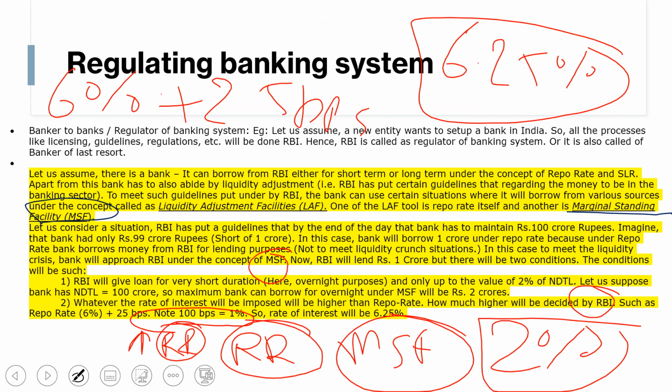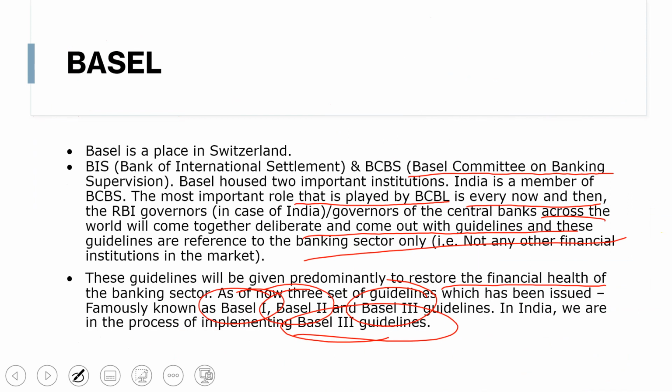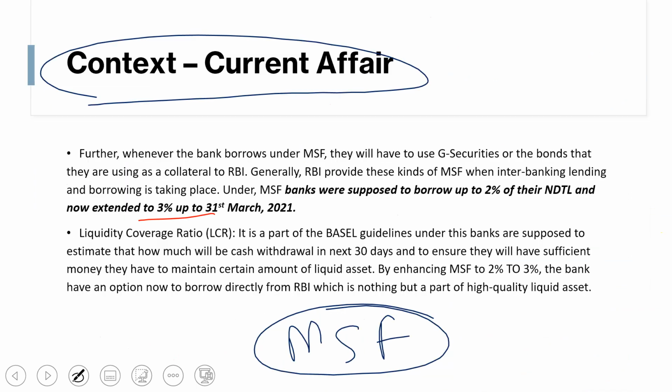For that marginal standing facility, again I have to go to the liquidity adjustment facility, and this liquidity adjustment facility comes under regulation of the banking system. So that's why I have explained all these topics, and this is how the context of the current affair came.